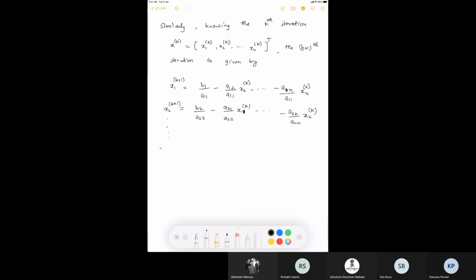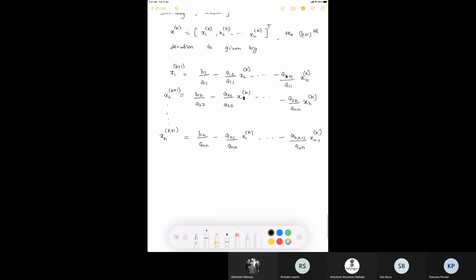And the last component of the k plus 1th iteration is going to be bn divided by ann, minus an1 divided by ann times x1k, and this goes up to an,n-1 divided by ann into the n minus 1th component of the kth iteration.